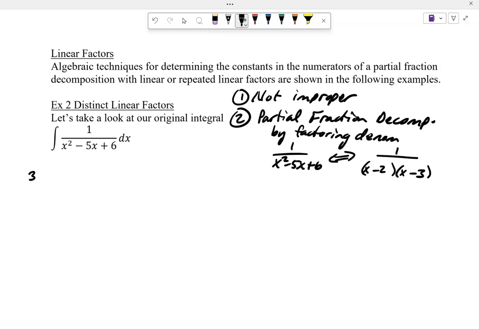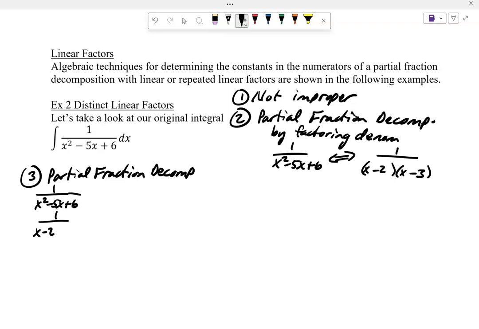And let me come over here. So now let's continue. We're still working on partial fraction decomposition, it's called. But we're going to write this 1 over x squared minus 5x plus 6 as 1 over x minus 2 times x minus 3.